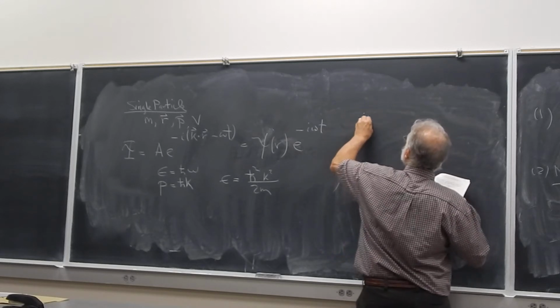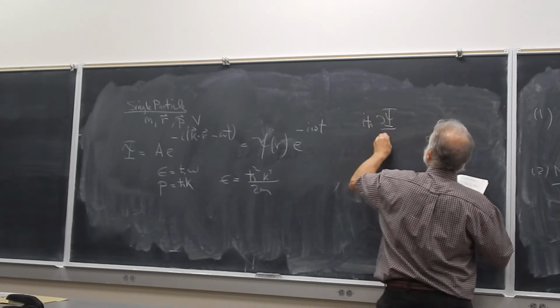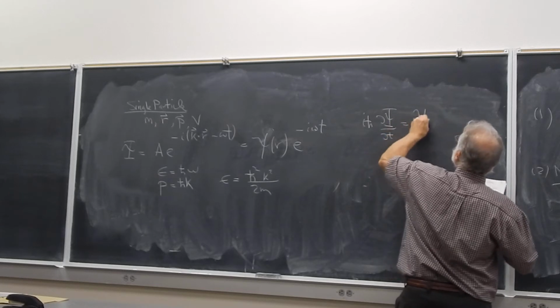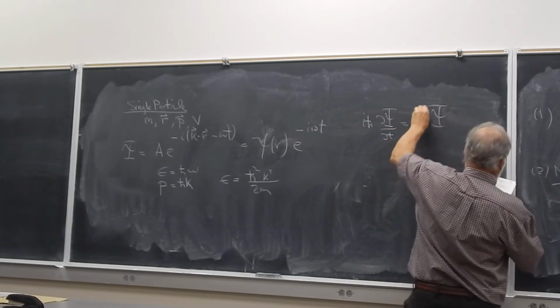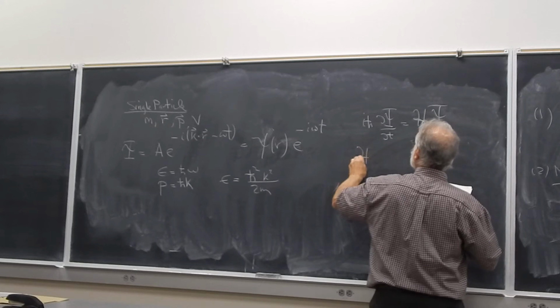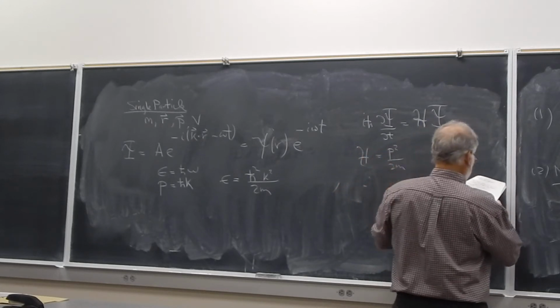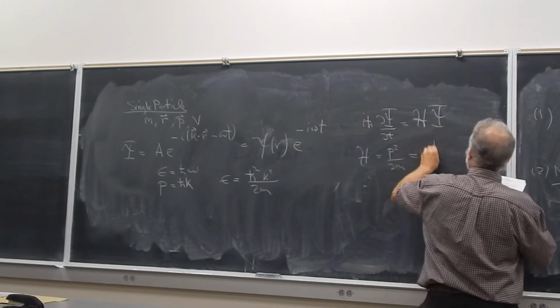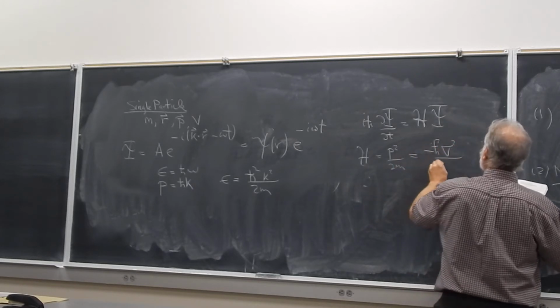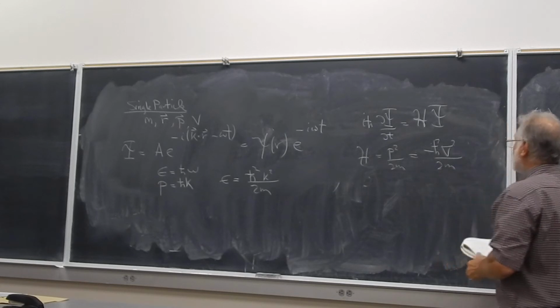That is to say, iħ ∂ψ/∂t is equal to a Hamiltonian times ψ, where the Hamiltonian in this case is p² over 2m, which I can write as minus ħ² ∇² over 2m for a free particle.